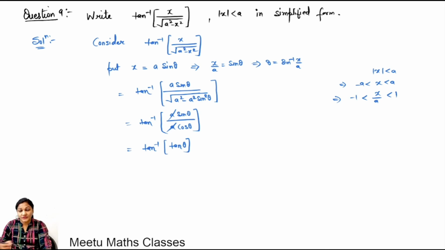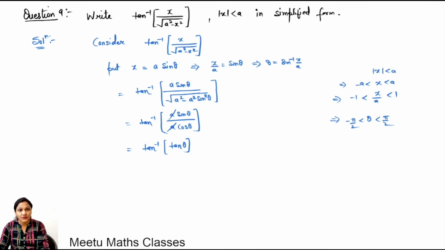Now what is theta? Let us see where theta lies: if x by a lies between minus 1 to 1, then theta, which is sin inverse, will lie between minus pi by 2 to pi by 2, and this is within the range of tan inverse.